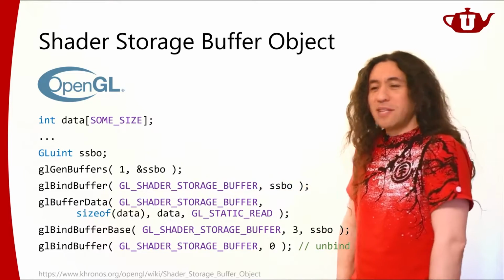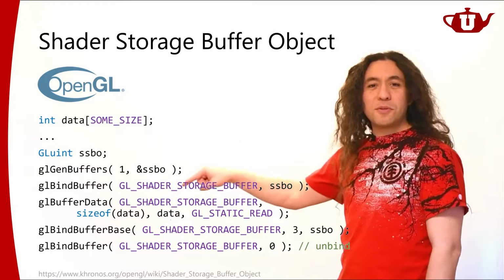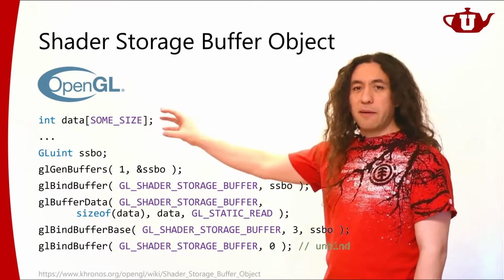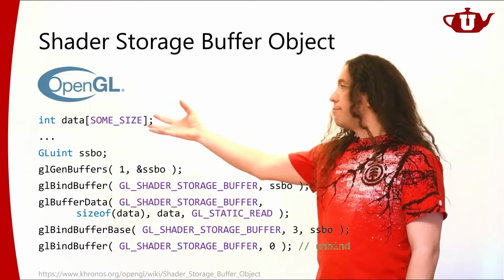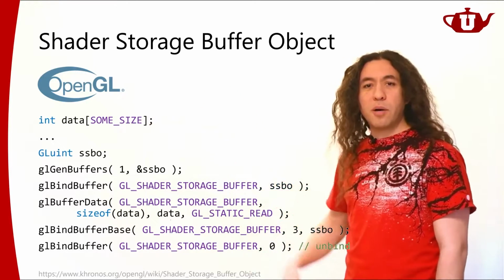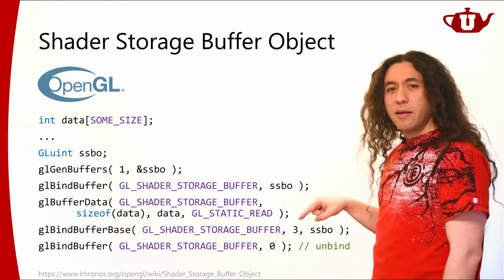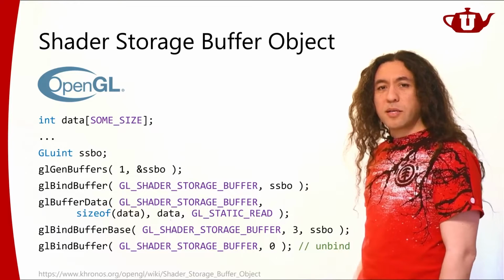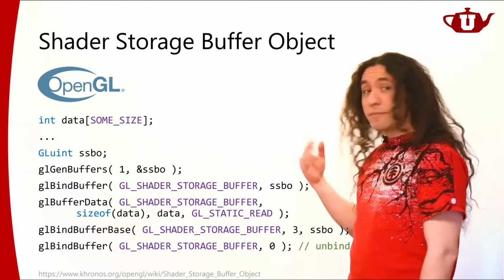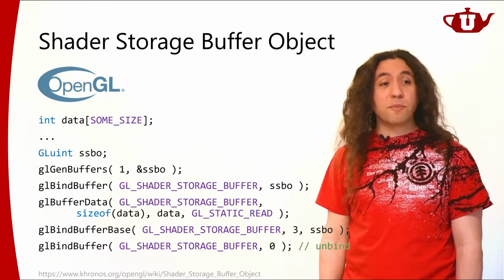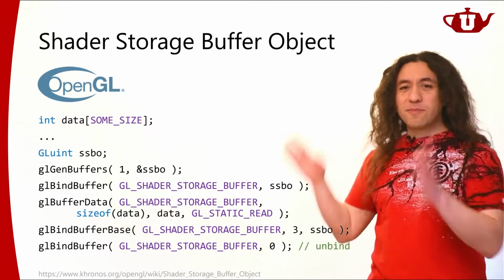I sent my data to this buffer. Basically, I just copied the contents of this array into that buffer. The only thing here is that I bind it to a particular buffer, and I'm done. Now I have access to it in my compute shader. So these are more flexible data.